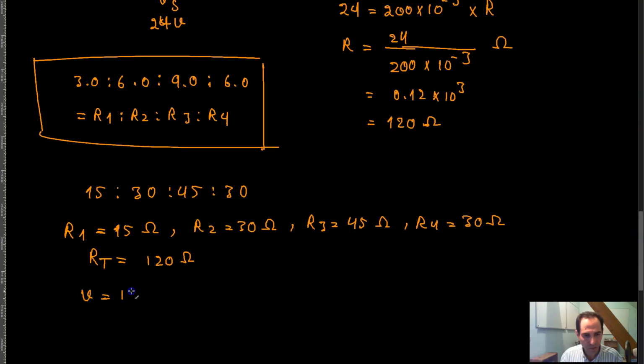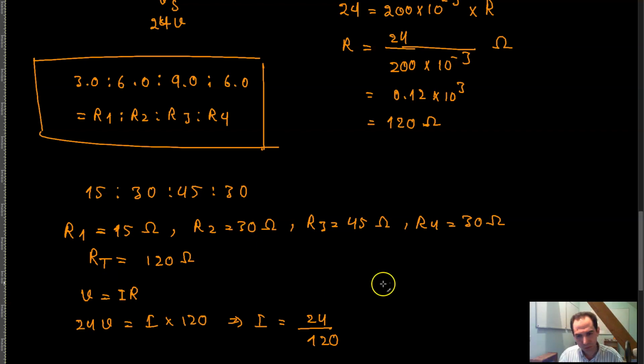Now if I write Ohm's law for the whole circuit, V is equal to IR, 24 volts is I times 120 ohms, and therefore I would be equal to 24 divided by 120, which is 0.2 amps, which is equal to 200 milliamps.